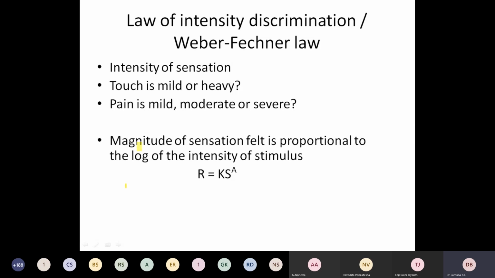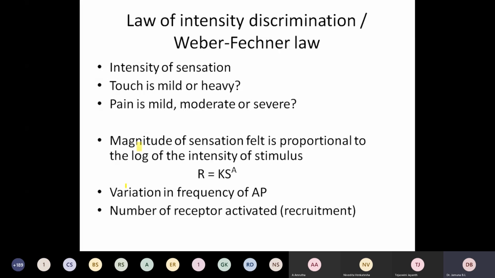So how can I increase the magnitude of a sensation? By increasing the intensity of the stimulus, you can increase it by varying the action potential. The same receptor will be there, but the frequency of action potentials generated can be increased, or I can increase it by involving a larger number of receptors. Suppose with a mild stimulus, 2 or 3 receptors get activated.